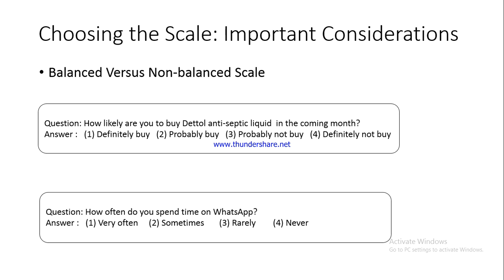But now the question arises as to why would you want to use a non-balanced scale? See, in some circumstances, the non-balanced scale would be a better idea. It would be a better tool for us. How? You know that hardly anybody wakes up at 3 o'clock in the morning to study.